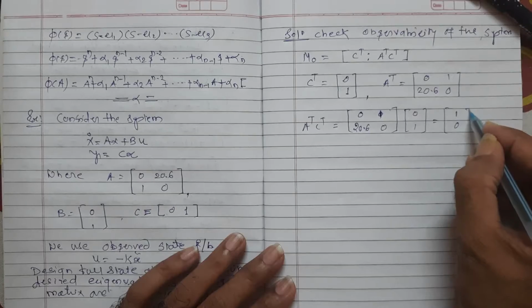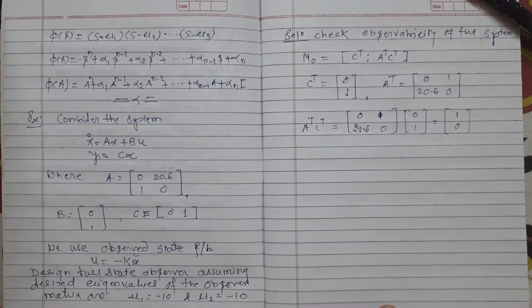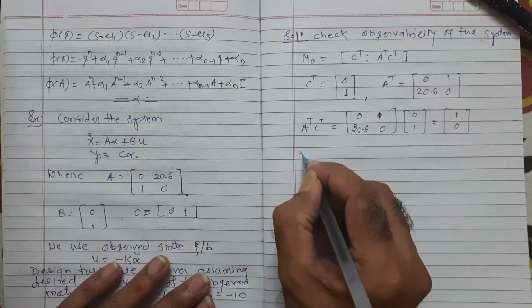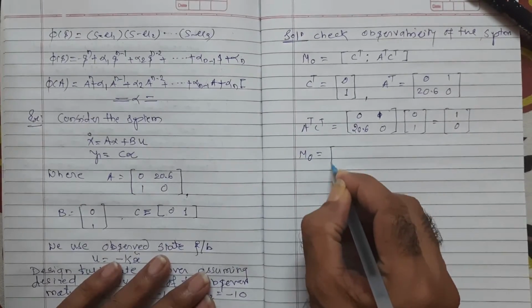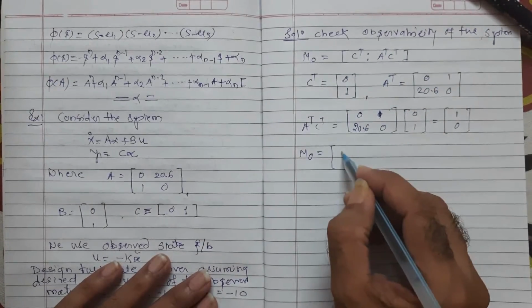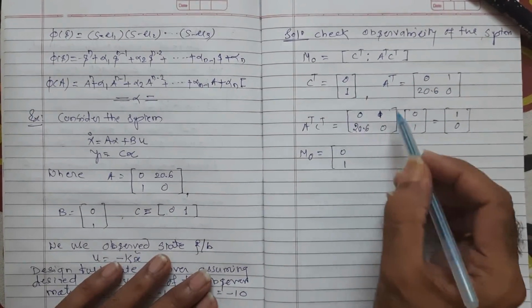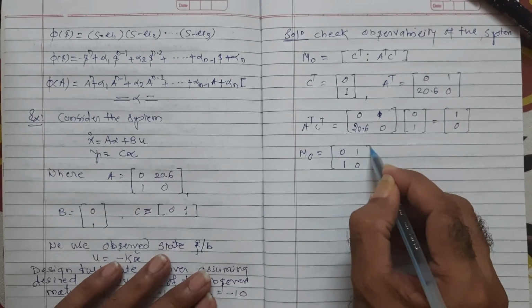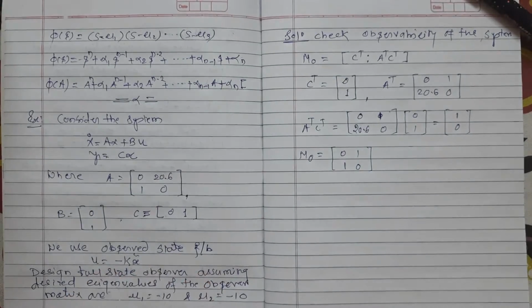So M0 equals C transpose, that is [0; 1], and A transpose C transpose, that is [1; 0], so M0 is [0 1; 1 0].